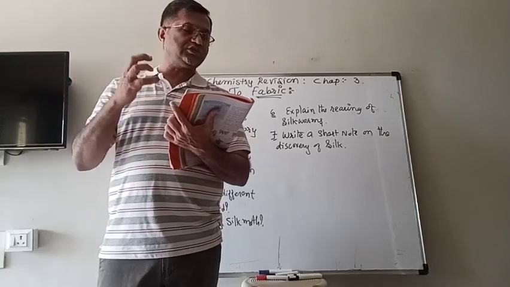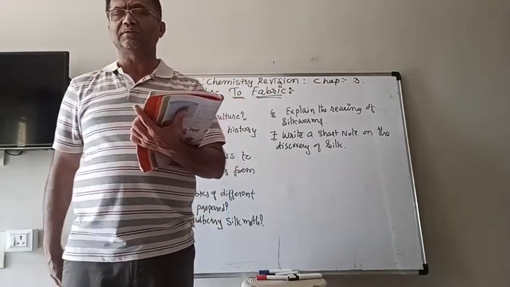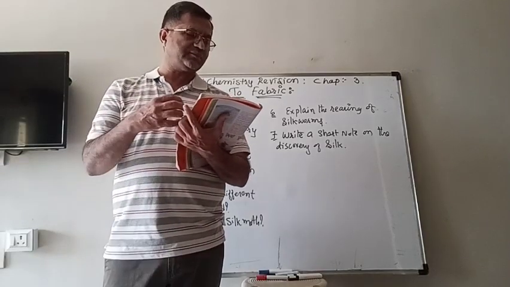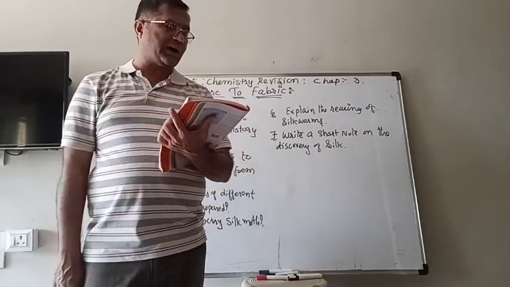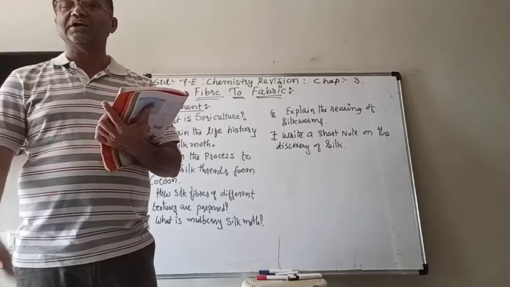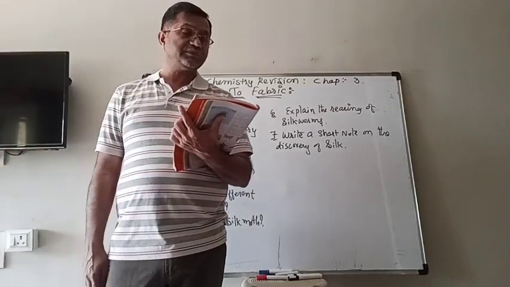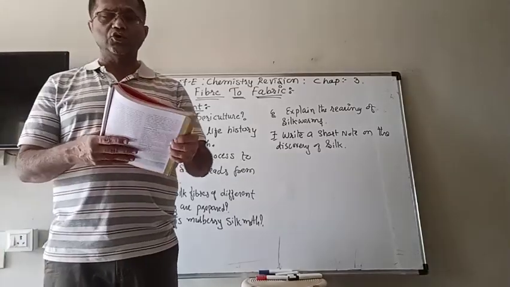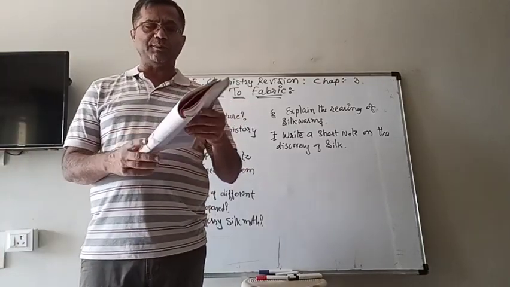The caterpillar will be completely covered by these fibers and turns into a pupa, and the covering is known as the cocoon. The further development of the silk moth goes on inside the pupa.